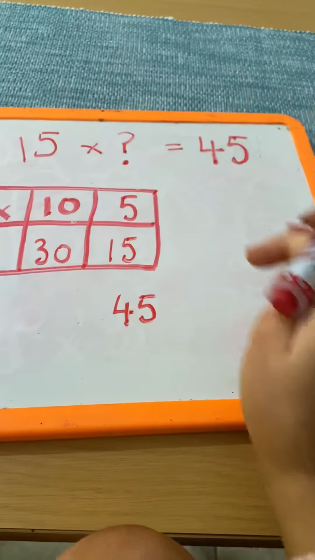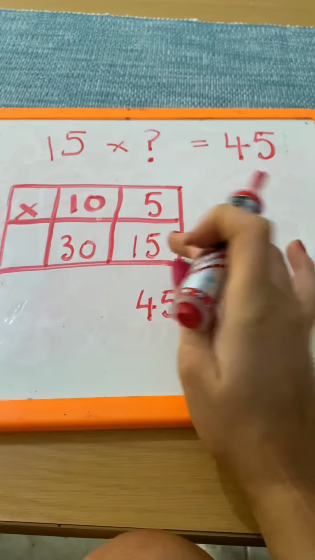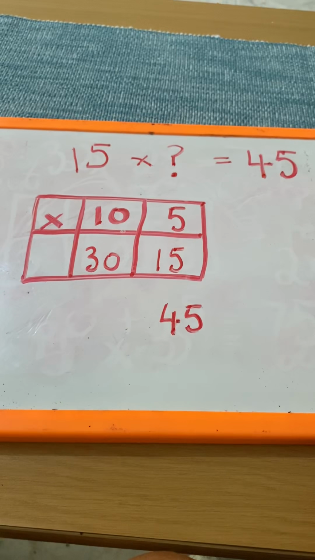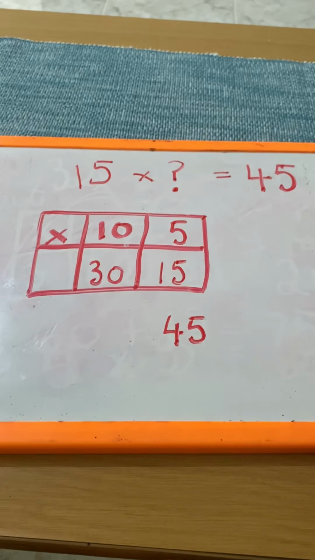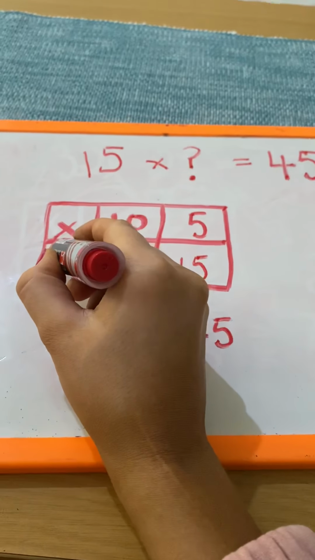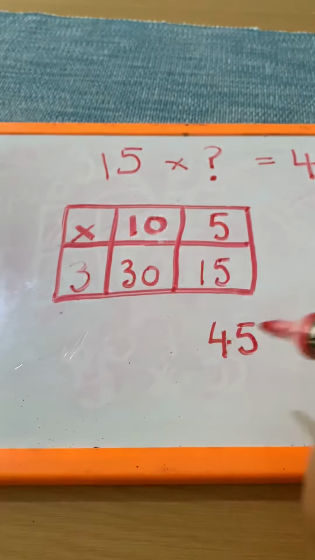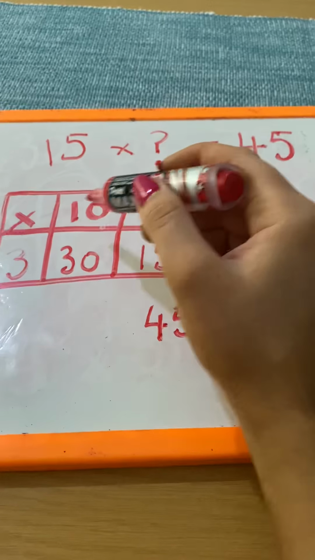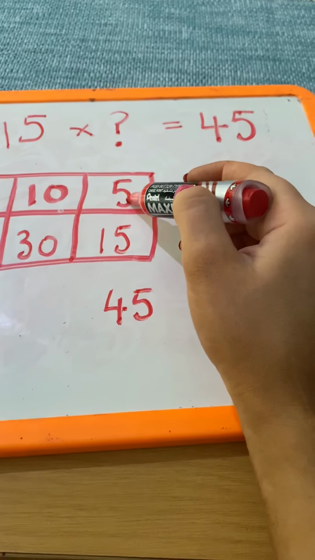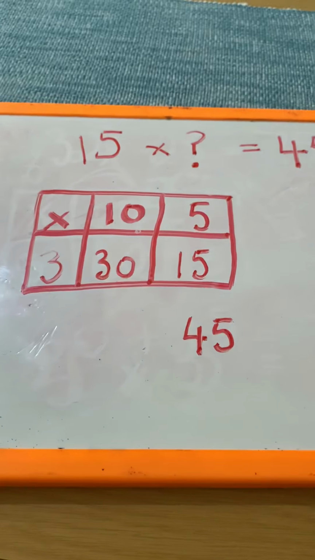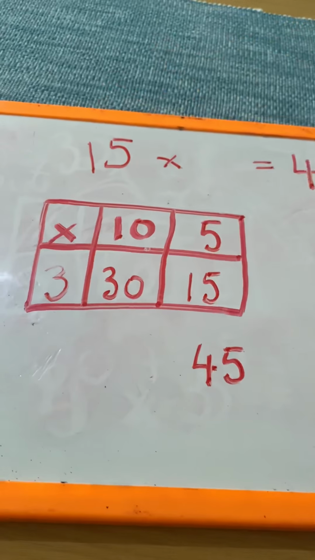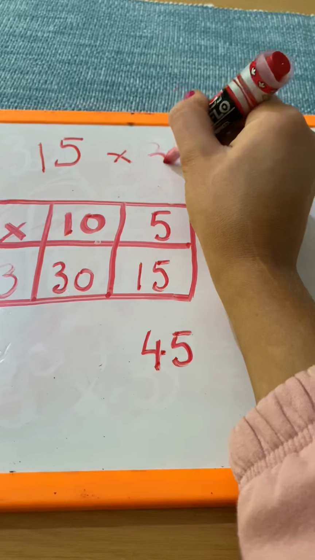And what would we need to multiply 5 by to get 15? Good, I think you're all doing very good thinking, and hopefully we figured out it's the number 3. So if we multiplied 10 by 3, we would get 30. And if we multiplied 5 by 3, we would get 15. So we figured out that our function is 3.